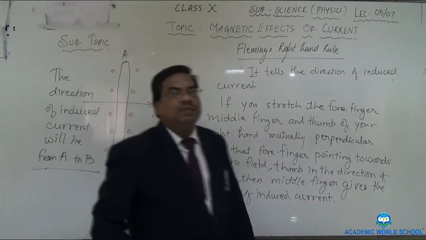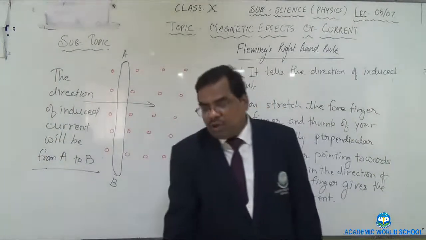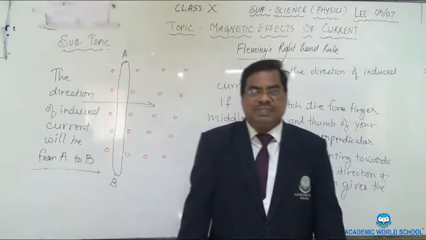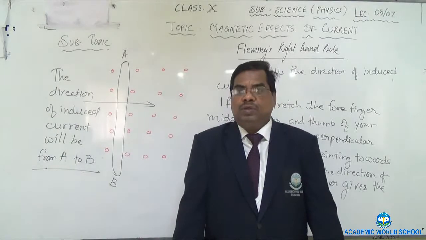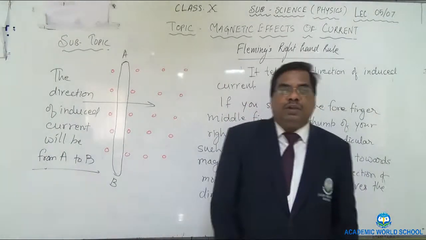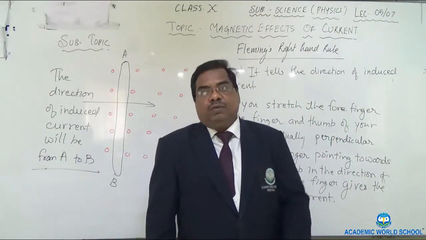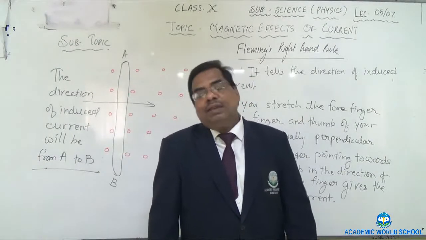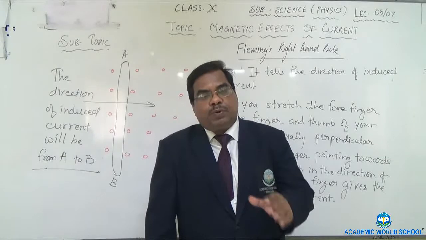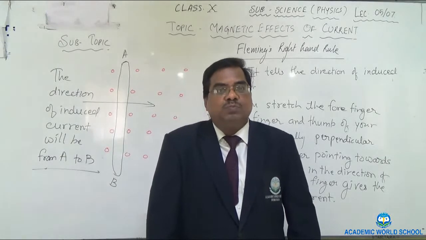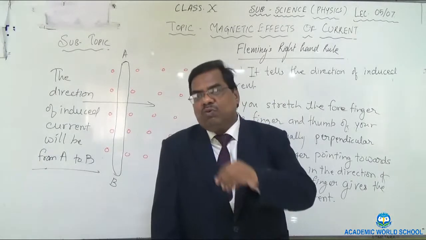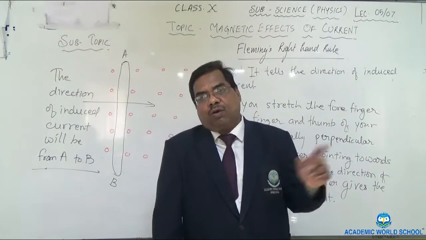This is the simplest example for the application of Fleming's right hand rule. Here we have seen in today's video that when electromagnetic induction is there, then the current will be produced in a conductor that is moving in a magnetic field. Either you move the magnet or the coil.